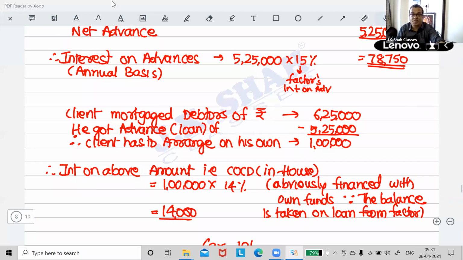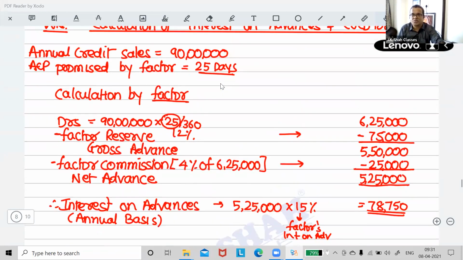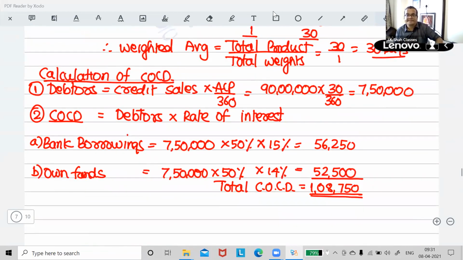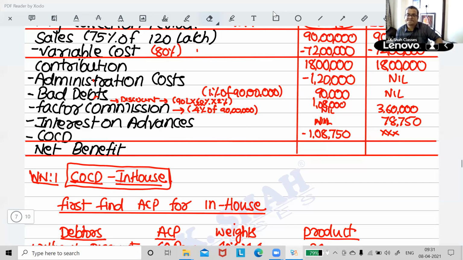So here in this space, I will write 14,000. Just quickly calculate.